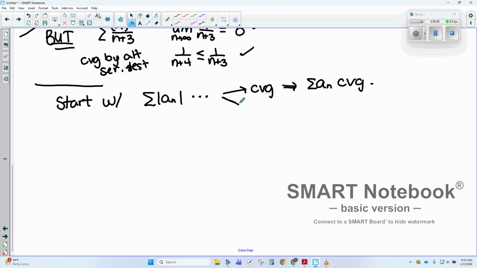But if the absolute value of the terms diverges, then you've still got to do a test. I think all of them in this section will be an alternating series. So we do the alternating series test to see what happens to a sub n.